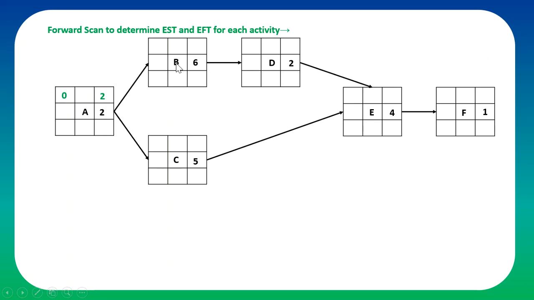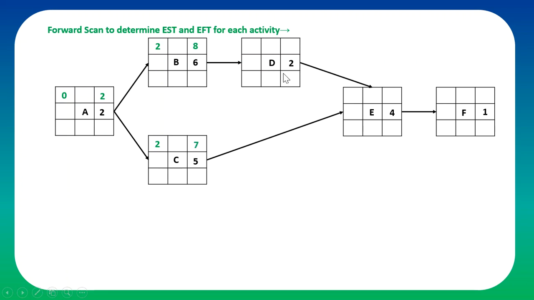So the earliest you can start B is when A is finished. So you take 2 from here and put 2 as the earliest starting times for activities B and C. The earliest finish time would again be done similarly as we did for A. 6 plus 2, 8. 5 plus 2, 7.